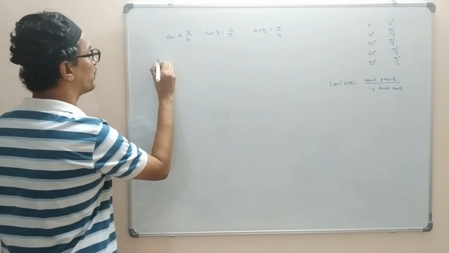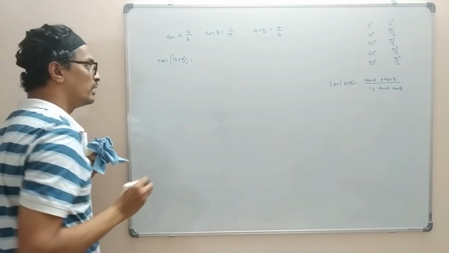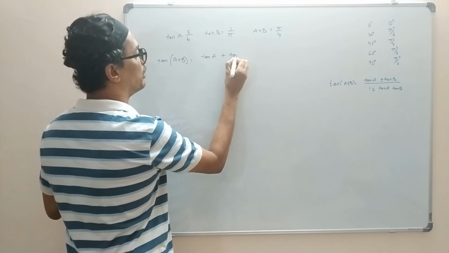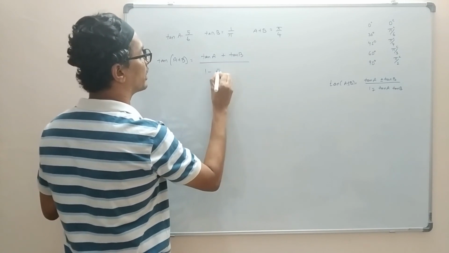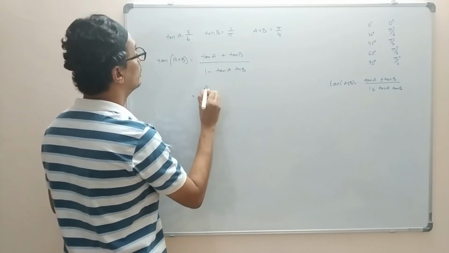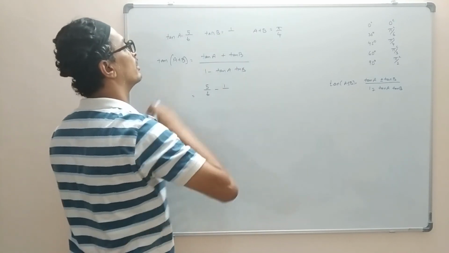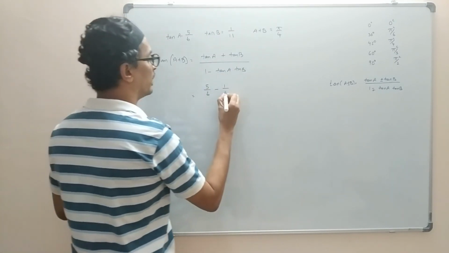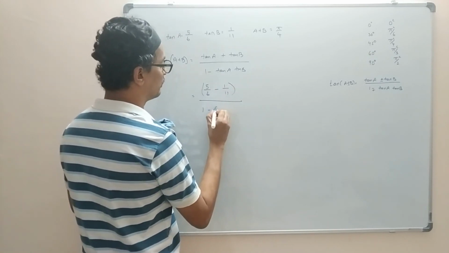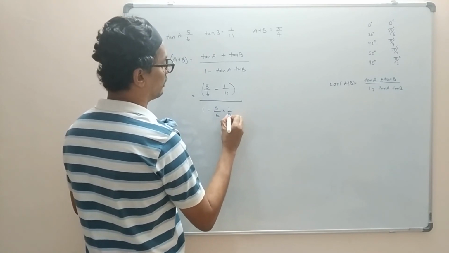So tan A plus B is tan A plus tan B divided by 1 minus tan A tan B. The values are given: 5 by 6 plus 1 by 11, sorry, it is 11, not pi, divided by 1 minus 5 by 6 into 1 by 11, right?